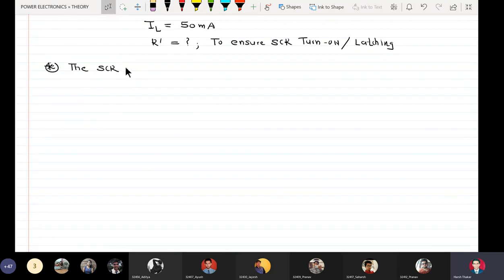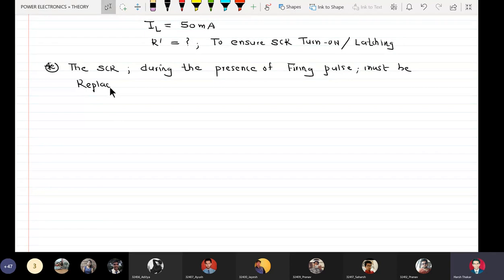So the SCR during the presence of firing pulse must be replaced as follows.